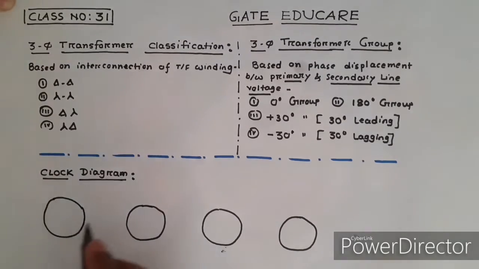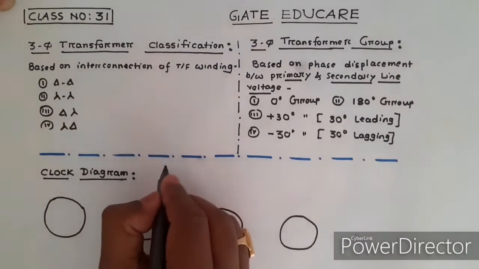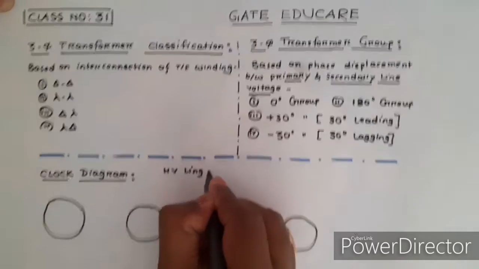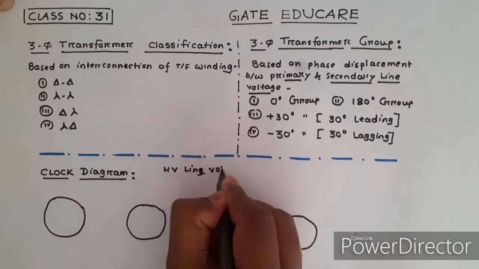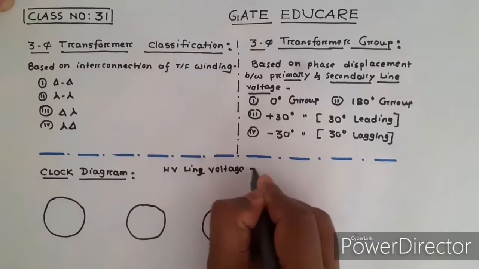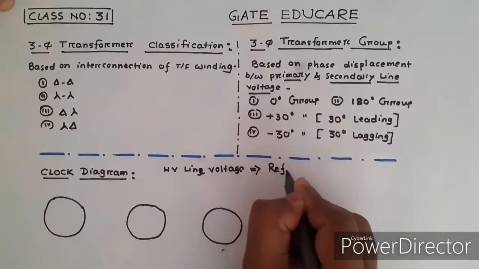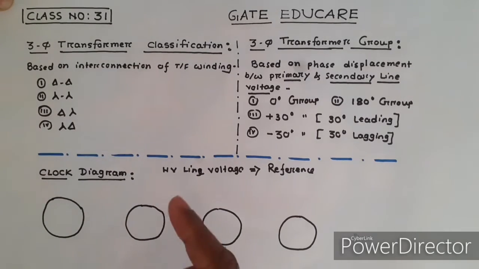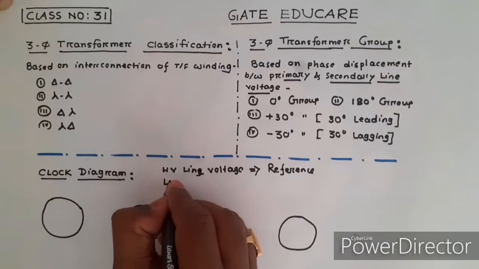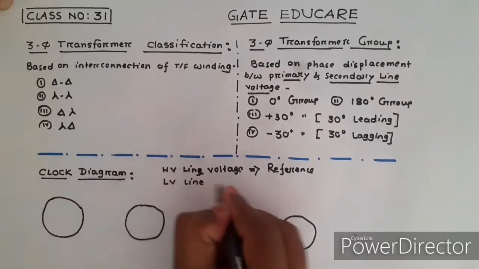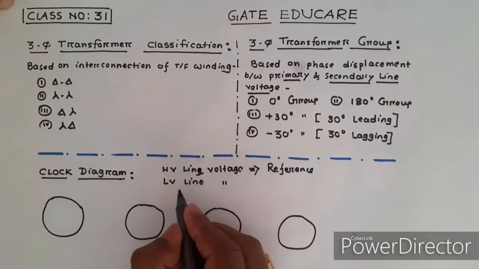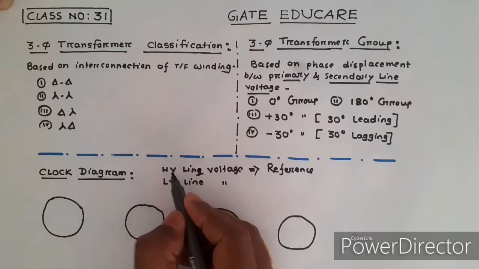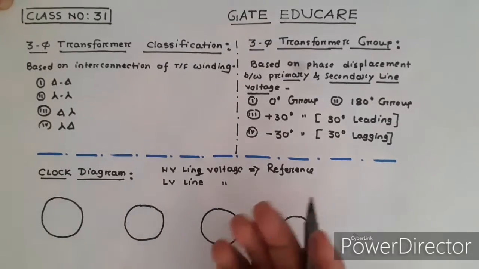Now clock diagram. In clock diagram, HV line voltage, be careful, line voltage, is taken as a reference, and we observe the LV line voltage, whether LV line voltage is in phase of HV line voltage or anti-phase of HV line voltage or leading or lagging.